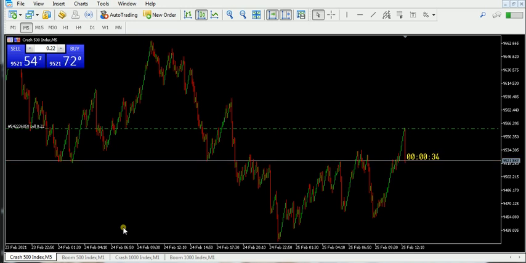I want to teach you how to catch spikes using your trend lines and some support and resistance that nobody has taught you.